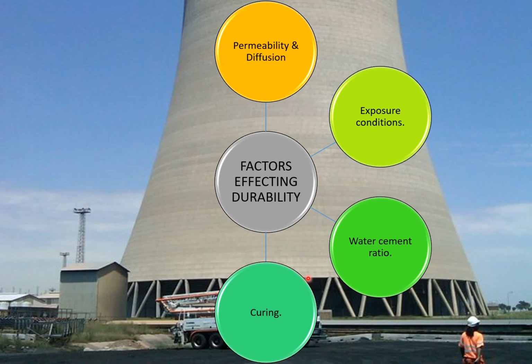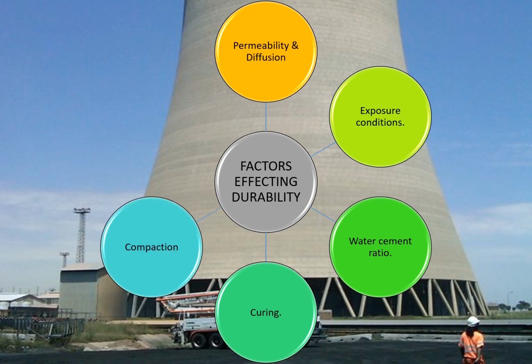As the cracks grow larger, the reach of the chemicals and chlorides to the reinforcement embedded in the concrete will be high, thereby creating corrosion of reinforcement and affecting the durability of the concrete.